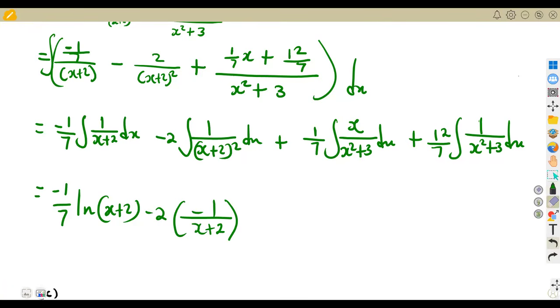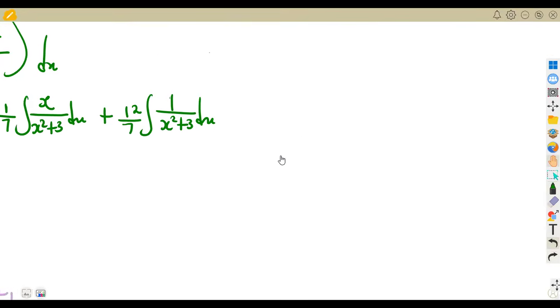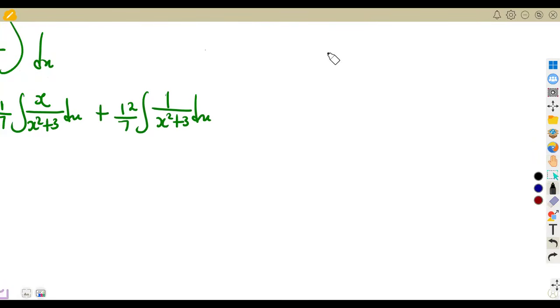But now we've got to this part, 1 over 7. We have to integrate x over x squared plus 3. How do we integrate this? There we have to think of a substitution. The integral of x over x squared plus 3 with respect to x. We can get rid of this if we let u be equal to this.